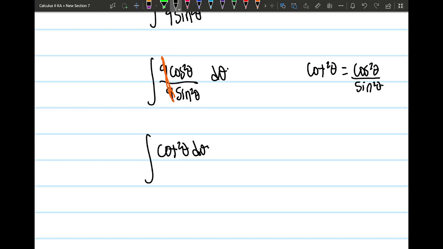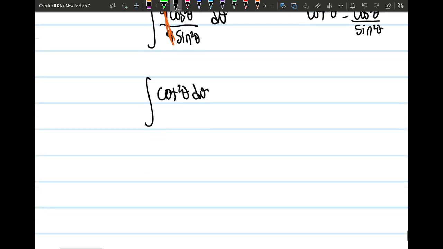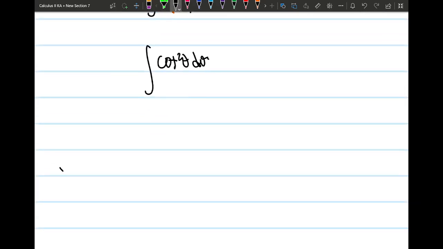Now we want to go ahead and find the integral for that, and luckily we know the integral for that specific part. This is an integral that they give you. The integral of cotangent squared of u du is equal to negative u minus cotangent of u plus c.